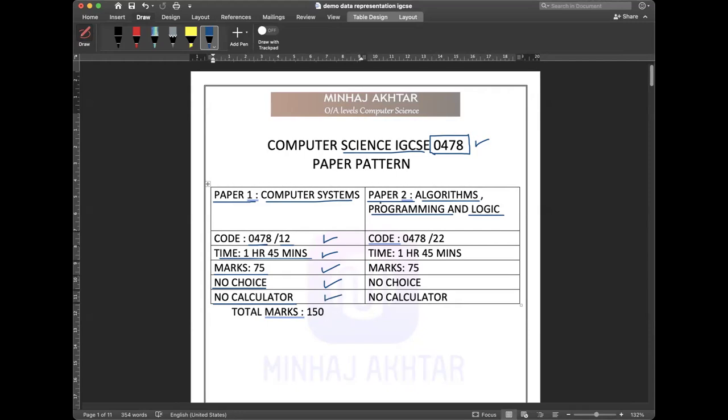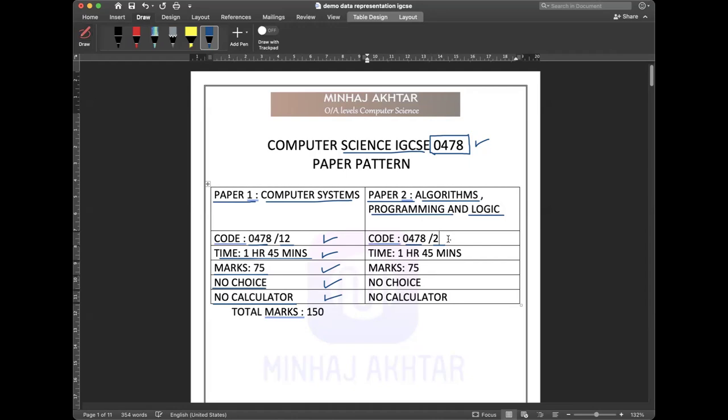Now, paper two, algorithms, programming, and logic. What is the name of paper two? Algorithms, programming, and logic, perfectly fine. The code is the same, 0478, but the component number is different.